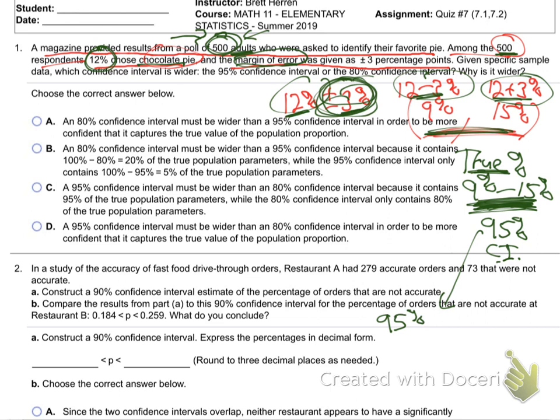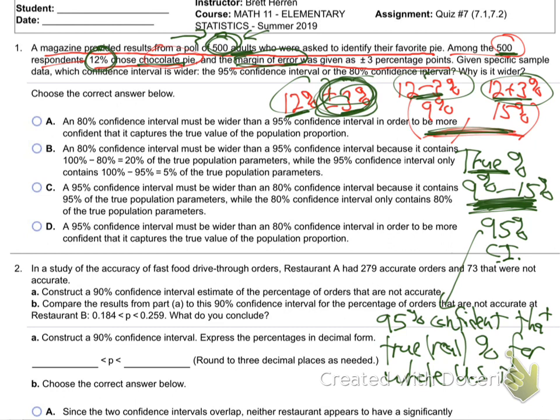We're 95% confident that the true, real percent for the whole United States is in the interval 9 to 15%. That's what a confidence interval is. You're a certain percentage sure, 95% confident that the true, real percentage for the whole United States is somewhere in that interval.